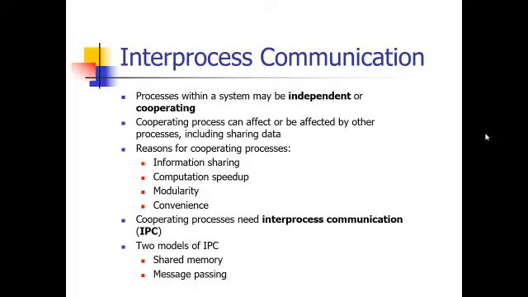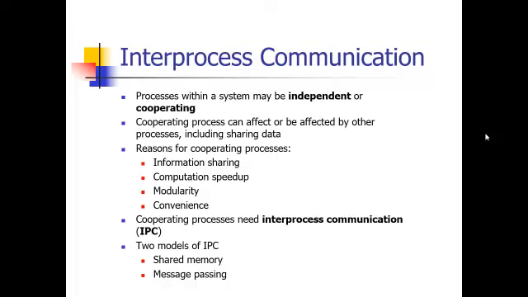Also we can maintain modular-wise components inside the operating system. One particular output will be an input for another process, and in that sense it will be more convenient as well. So cooperating processes need to communicate with each other, so we call it interprocess communication.